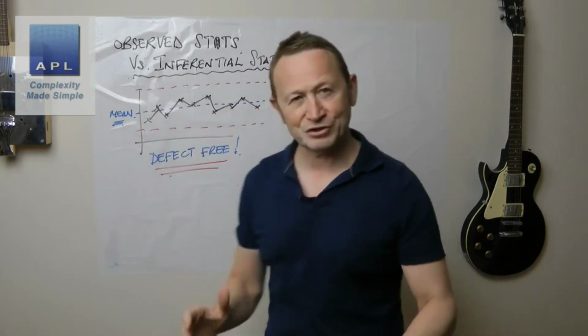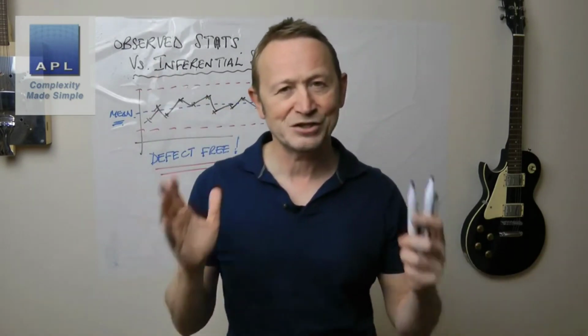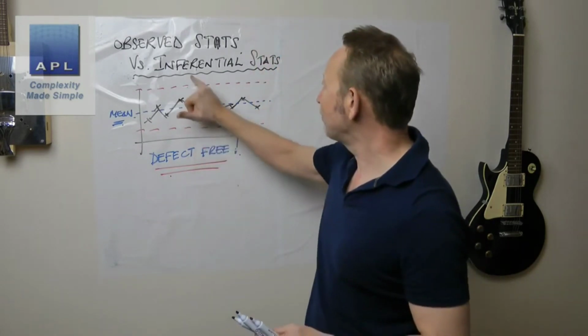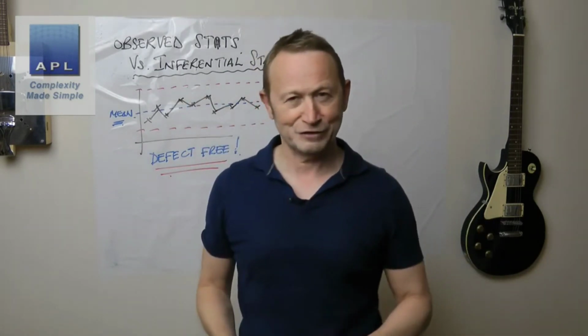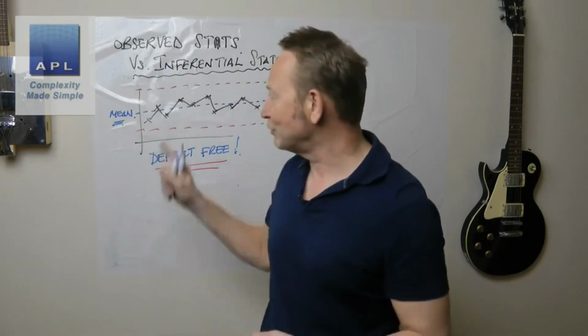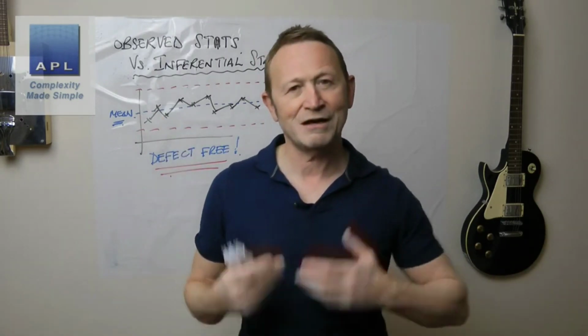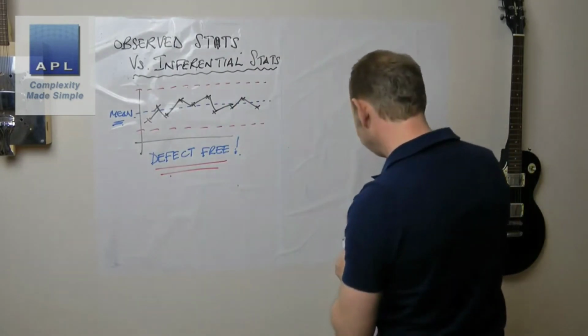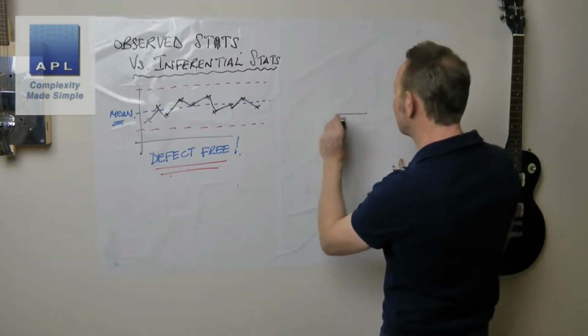If you do this, you are going to make some of the biggest mistakes ever. Because if we look at it from an inferential point of view, we're going to see things that the observed data is not seeing.